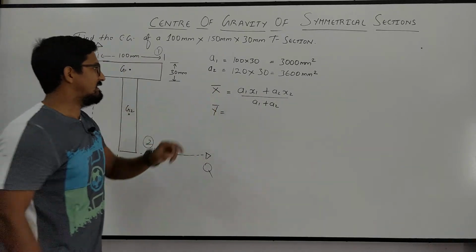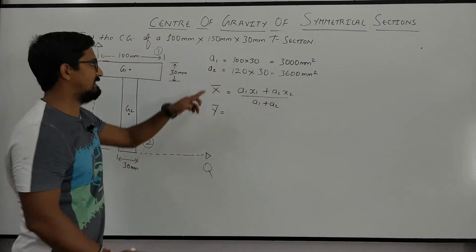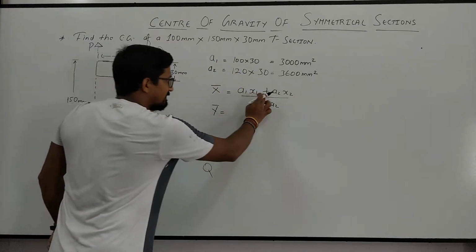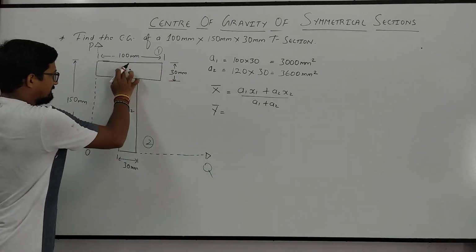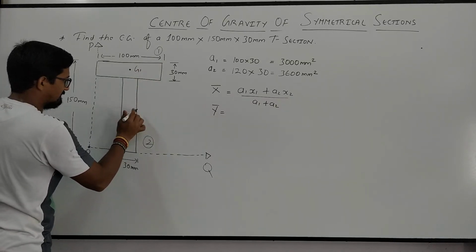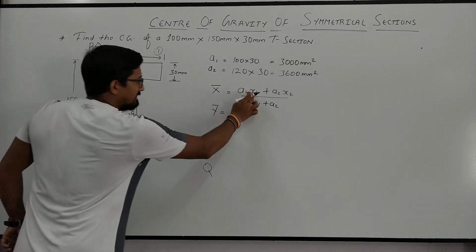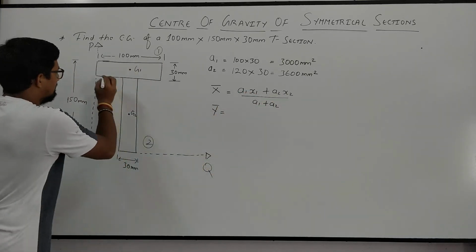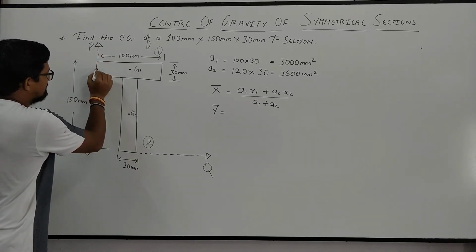Now what is x1 and x2? A1 and A2 we have already calculated, the area of section 1 and area of section 2. This x1 and x2 are nothing but, see here, I will write G1 on this side, this is G2. So x1 and x2 are the distances of the CG from the vertical reference axis.